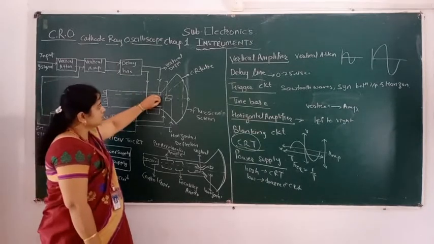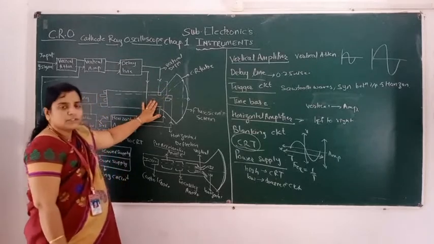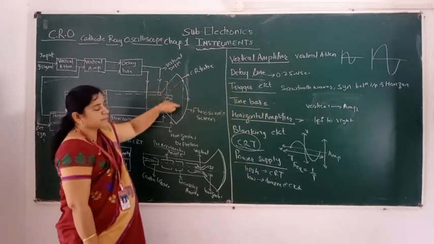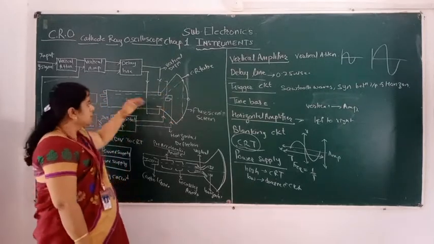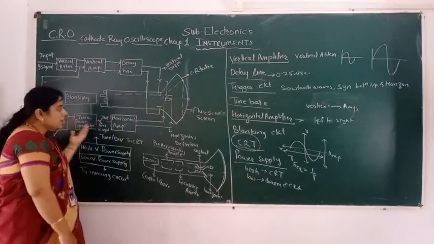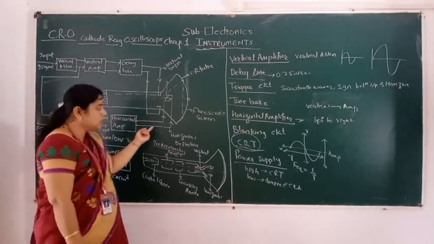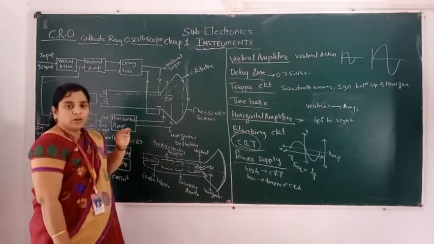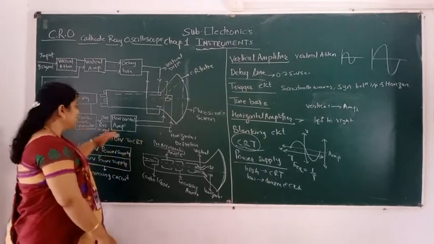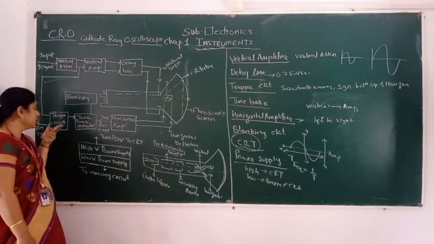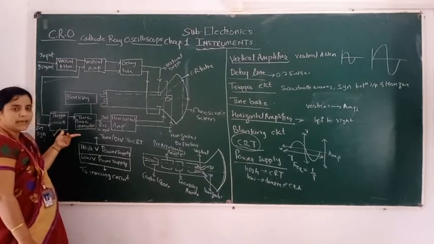Then what is the function of the vertical deflection plate? It deflects the signal vertically, in the up and down direction. Then this input is also applied for the horizontal signal, but not directly. Before giving to the horizontal amplifier, the input is given to the trigger circuit and time-base generator.